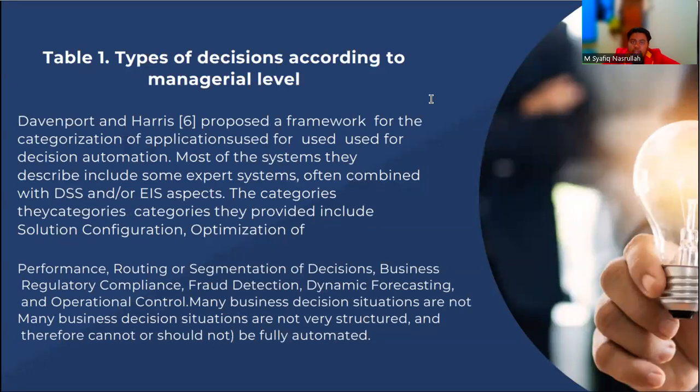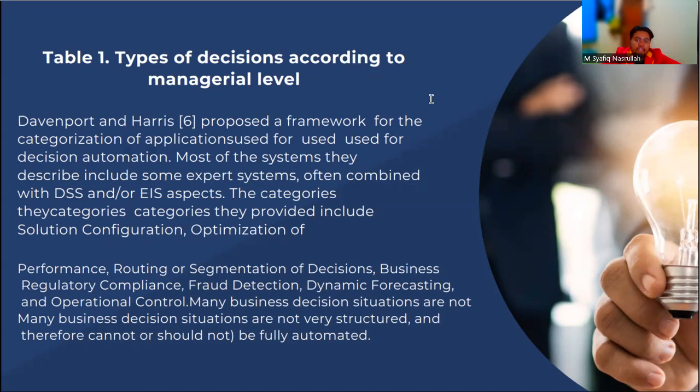Type of decision according to management level. Davenport and Harris proposed a framework for the categories of application use for decision automation. Most of the systems they describe include some expert system, often combined with DSS or AIS aspects.